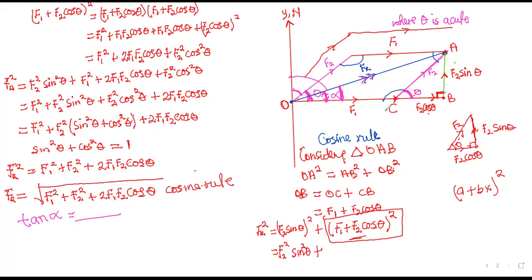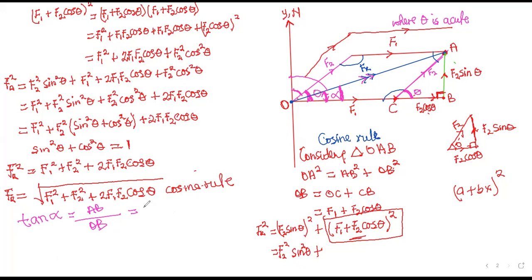So if we take tan alpha, AB is the opposite, so AB divided by the adjacent, which is OB. Let's substitute whatever we have for it.